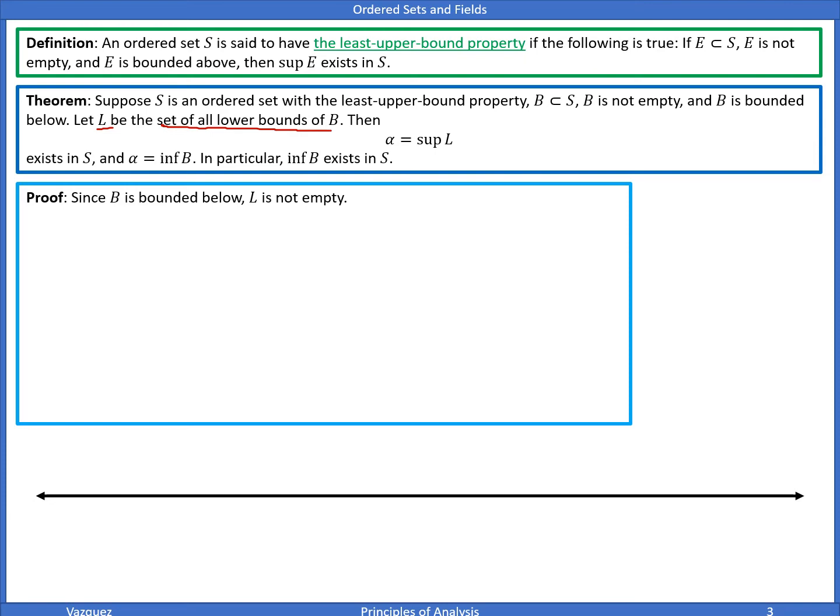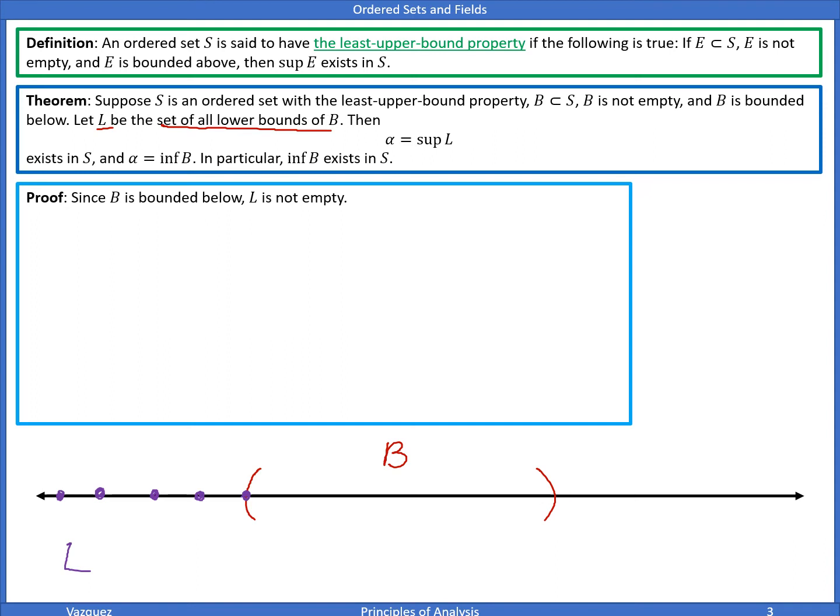So I'm going to draw a picture of what maybe you're thinking this looks like. We'll say this is a set B, and I'm going to label it B. And L, I'm going to put in purple. These are all lower bounds of B, right?